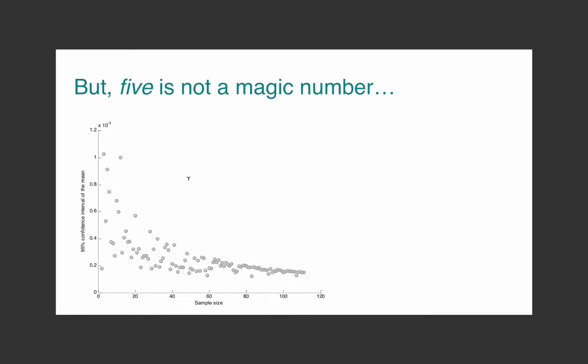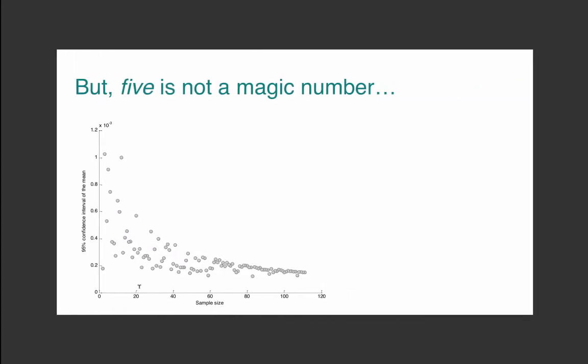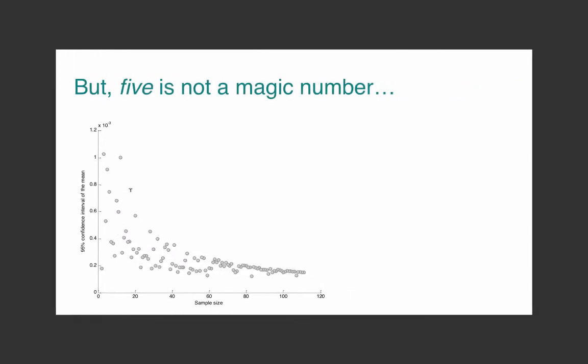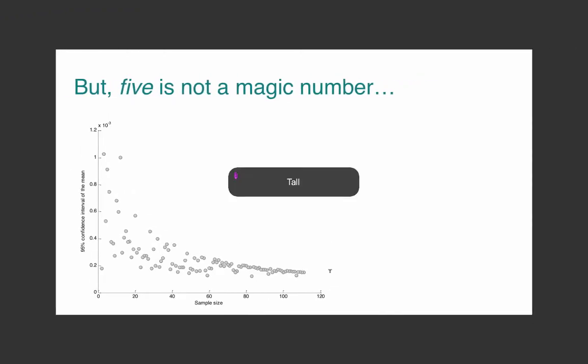Okay, so they plotted it in a different way, so the plot looks different because they have a different number of runs for each sample size. But let's have a look.